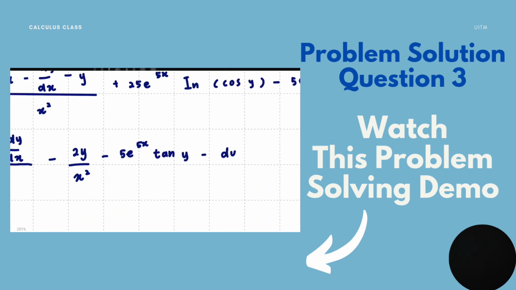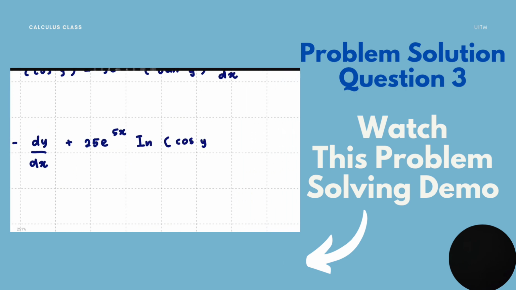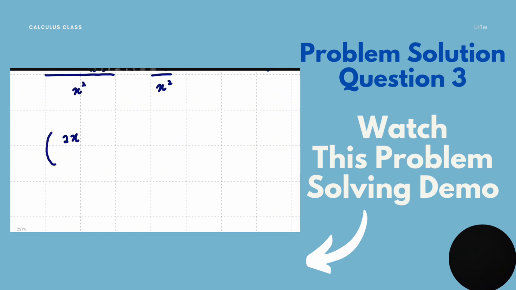So we get 2x minus dy over dx over x squared minus 2y over x squared minus 5 ln 5x then y minus dy over dx plus 25 ln 5x ln cos y equal to 15x squared.